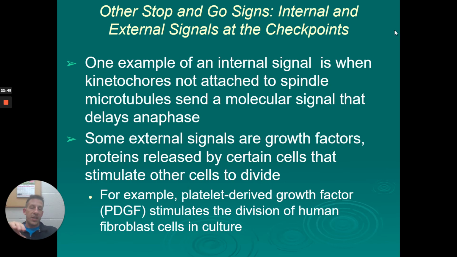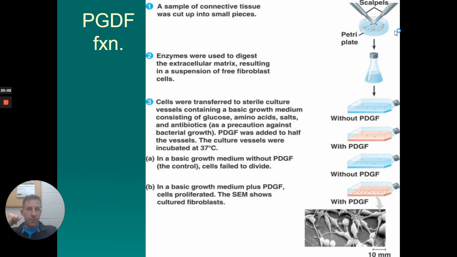A very specific example of this is called PDGF, platelet-derived growth factor. You don't need to remember what PDGF stands for other than the fact that it's a growth factor. This stimulates the division of fibroblast cells in human cultures. This diagram outlines how PDGF works. I'm going to let you read it.